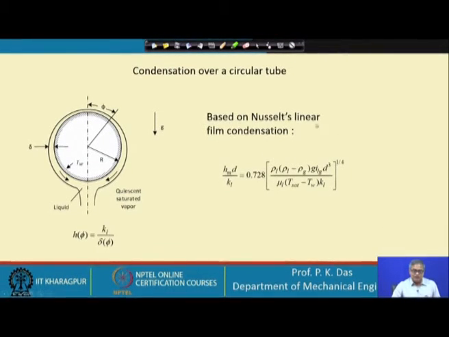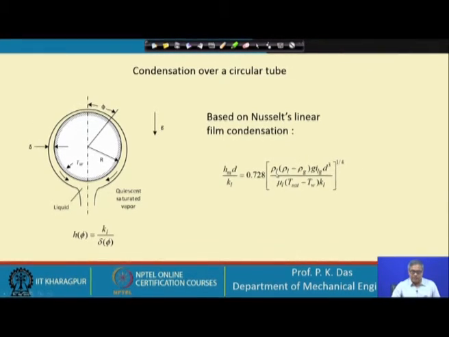Based on Nusselt linear film condensation theory, if there is a tube and the film will be like this, we get the overall heat transfer coefficient, h D by k L, this is liquid, this is the Nusselt number. So, Nusselt number we get by this formula.